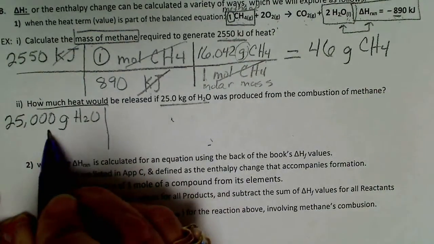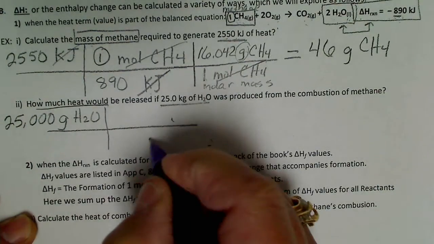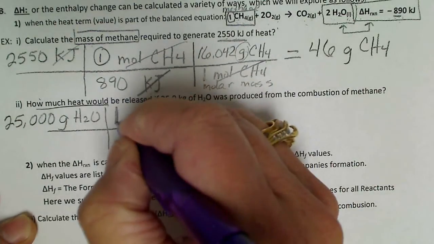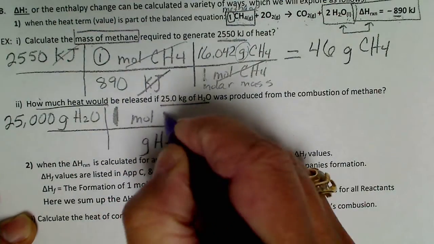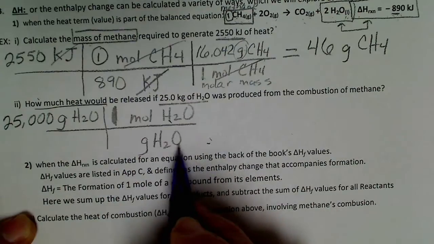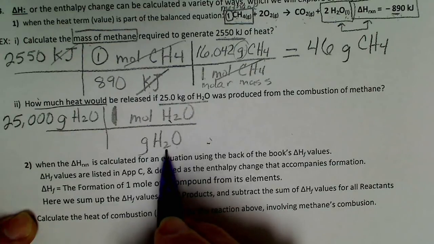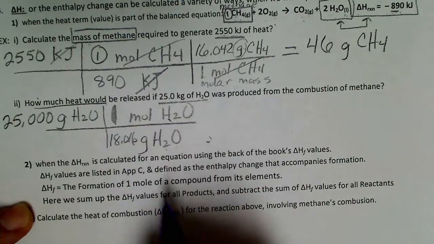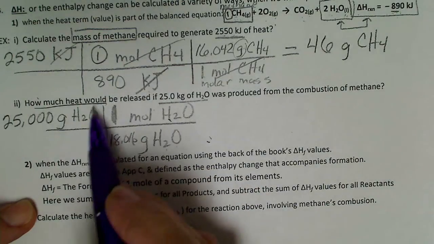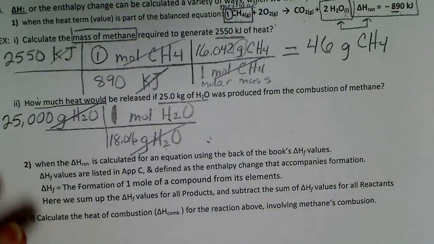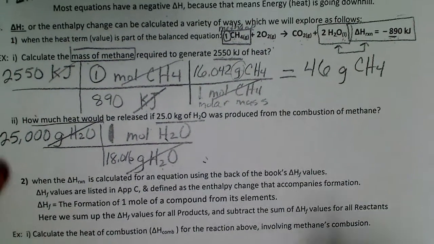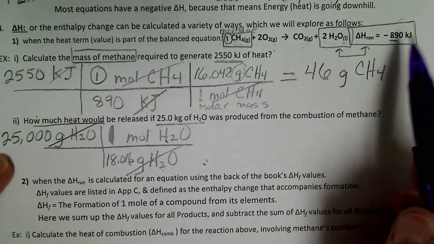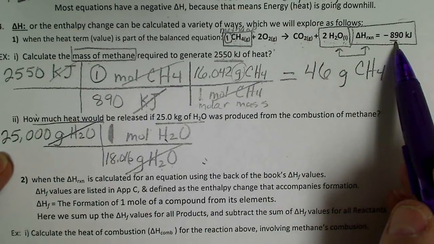And then if we're given grams, most likely we're going to convert to moles. So grams of water per 1 mole of water. If we add an oxygen to 2 hydrogens, using the atomic masses, we'll come up with 18.016 grams of water per 1 mole. So our grams of water cancels. And now this specific recipe, 2 moles of water generated will accompany that much energy.